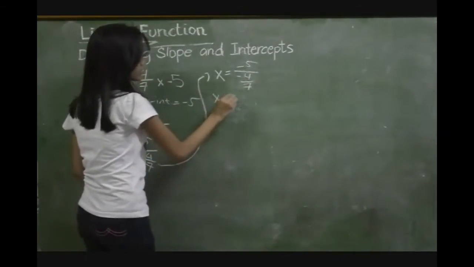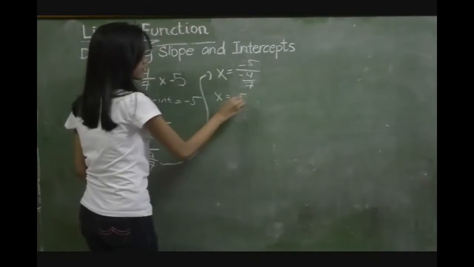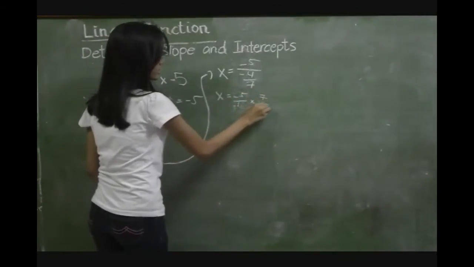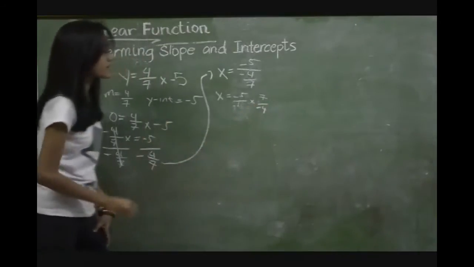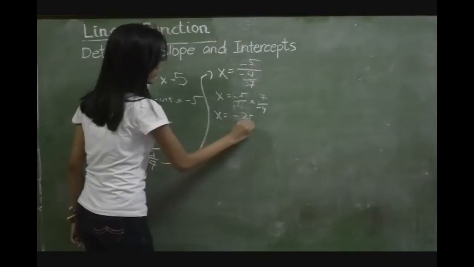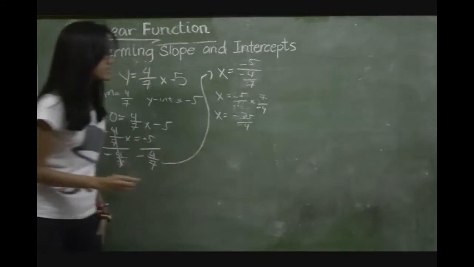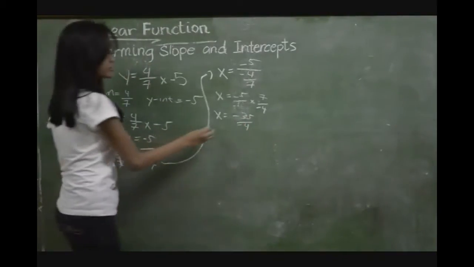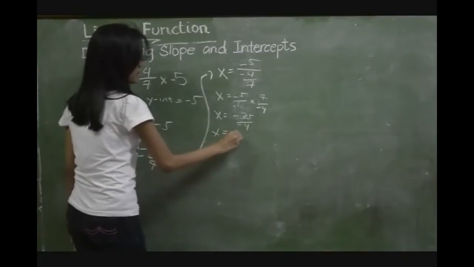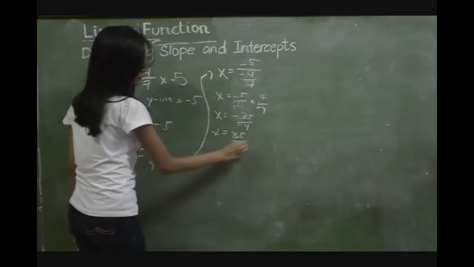X is equal to negative 5/1 times 7/-4. So x is equal to negative 35/-4. Since the numerator and the denominator are both negative, this will become positive 35/4.